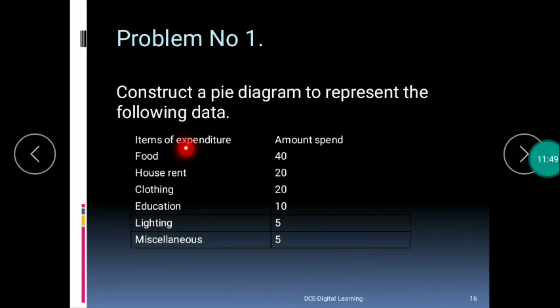So there are food items, house rent, clothing, education, lighting, and miscellaneous. So on food, 40 rupees per day, house rent 20 rupees per day, for clothing 20 rupees per day, and education 10 rupees per day, and lighting and miscellaneous 5 rupees per day is expended.